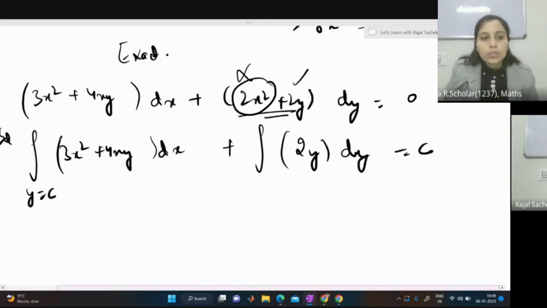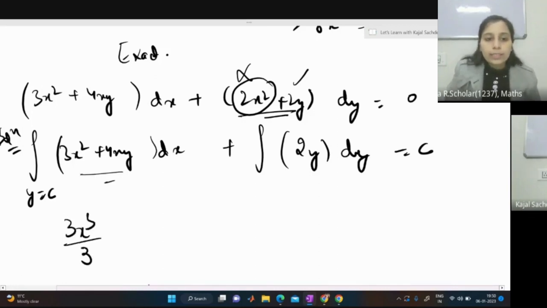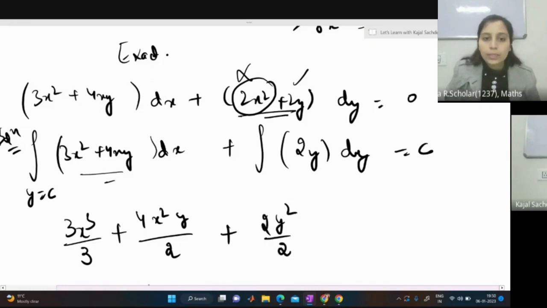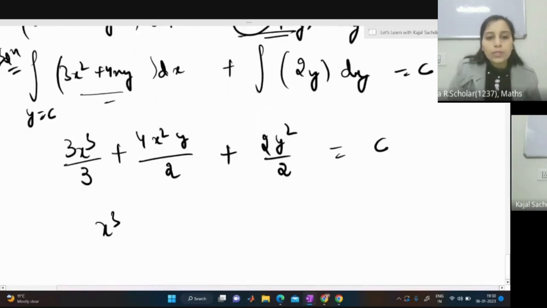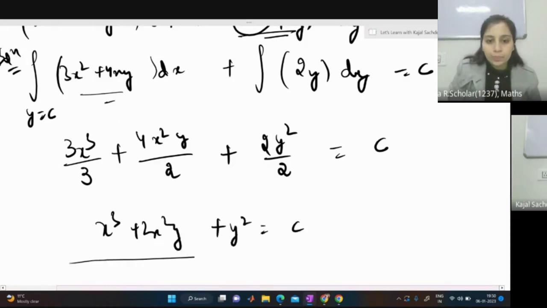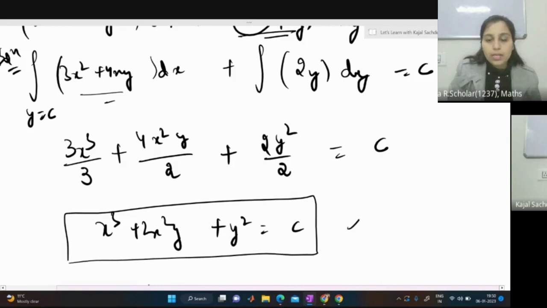So this is the solution of our required equation. Now we can solve it. With respect to x, we have integrate 3x cubed by 3 plus 4x square y upon 2, plus from here 2y square upon 2, integrate just with respect to y, is equal to c. So we get the required solution, x cubed plus 2x square y plus y square is equal to c. So this is our required solution.